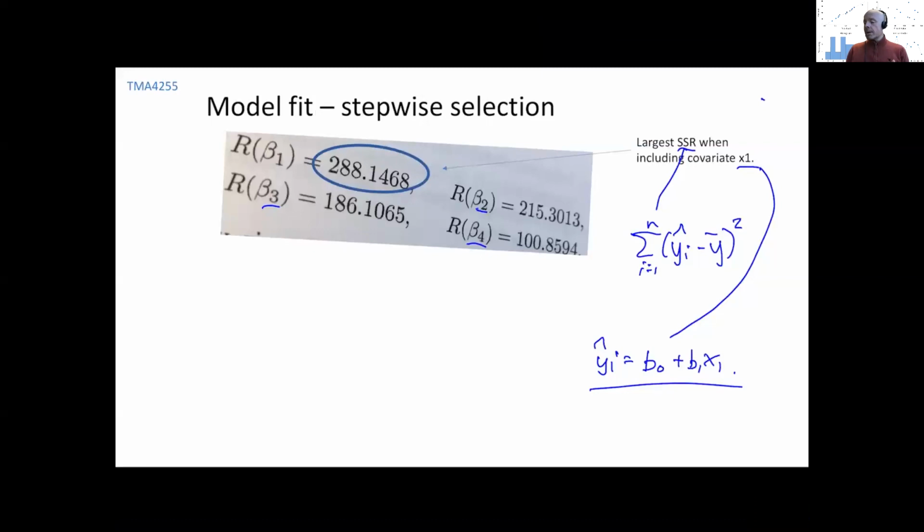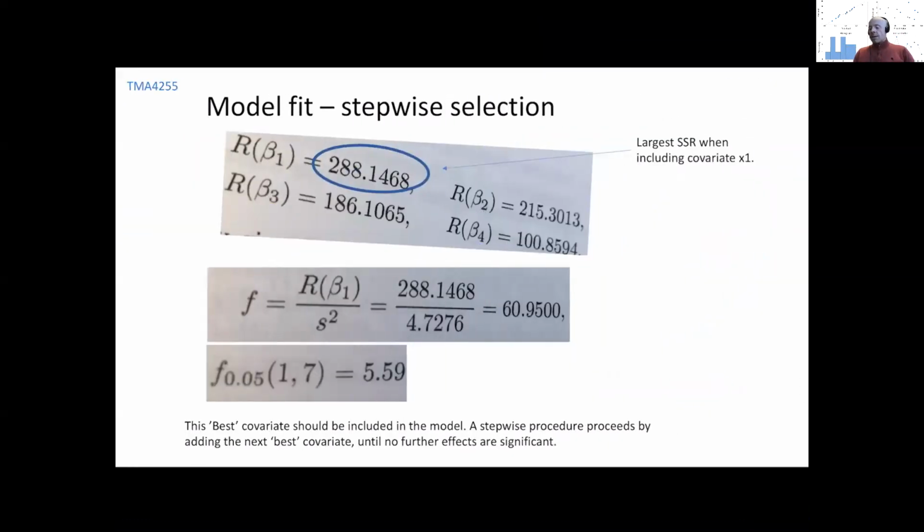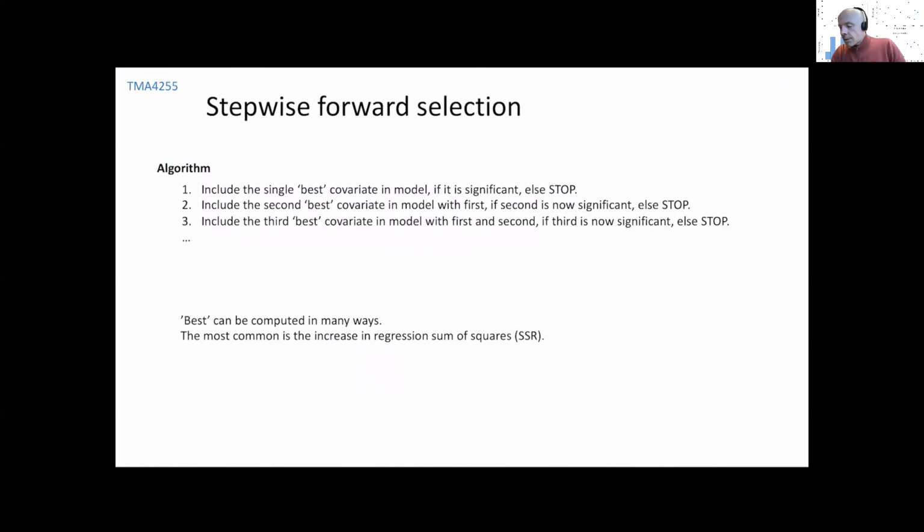So this stepwise selection method is then going forward, and here it says that, okay, this covariate was significant. We get a good F value. It gives a small p value. So we bring this into our model. And then we can continue like this. Now we took the single best covariate.